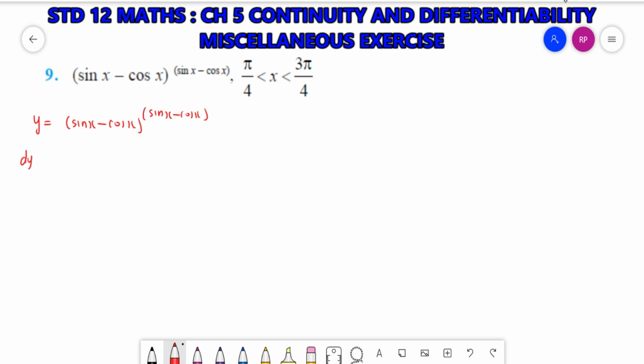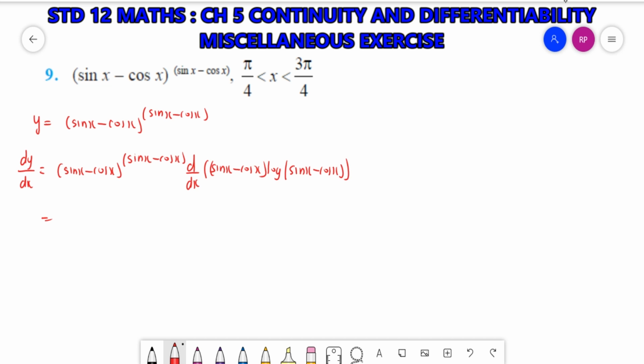Okay, so dy by dx, we will use the same technique, that is b raised to p, that is (sin x minus cos x) whole raised to (sin x minus cos x) into d by dx of p log b, means power (sin x minus cos x) log base (sin x minus cos x).